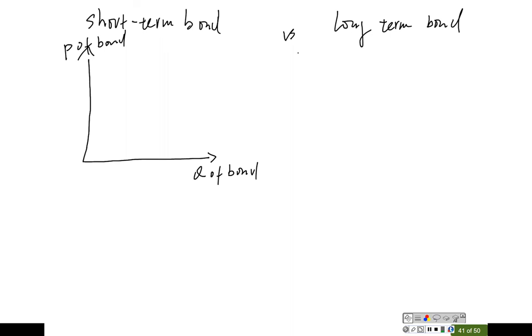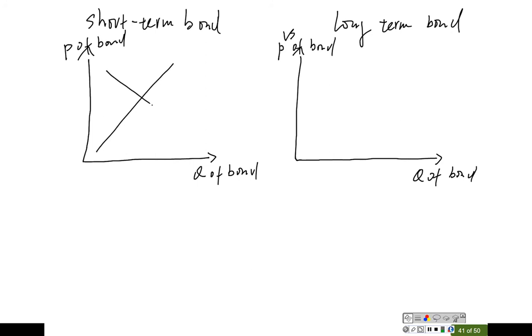You should be very familiar with this process, the model here. Supply curve and the demand curve. So that's the initial price.